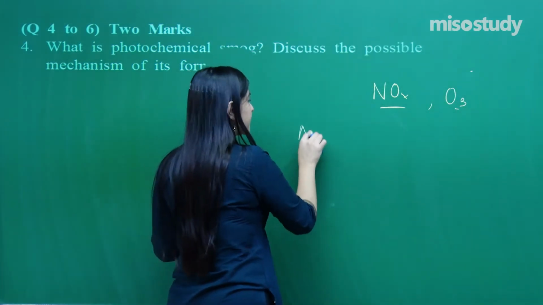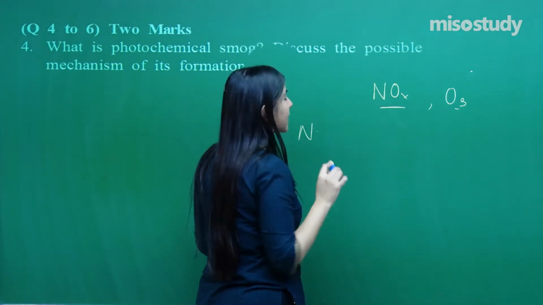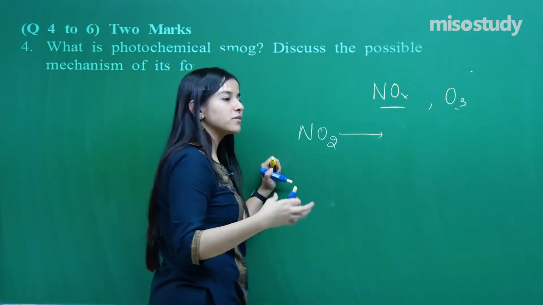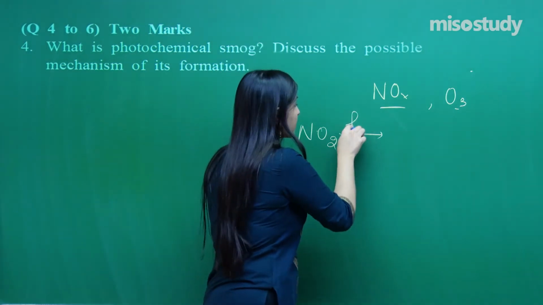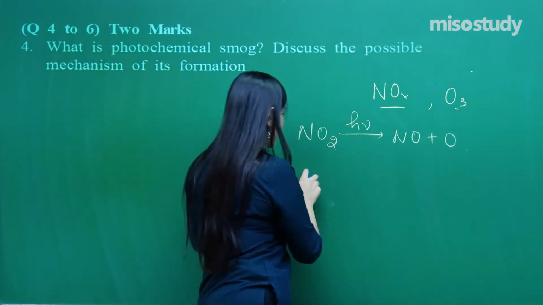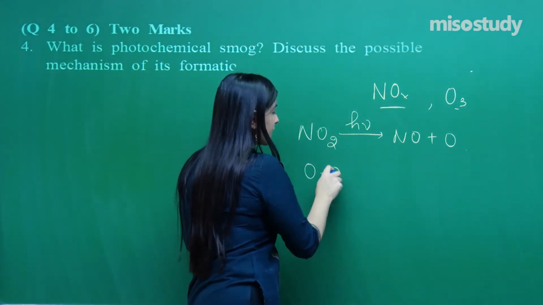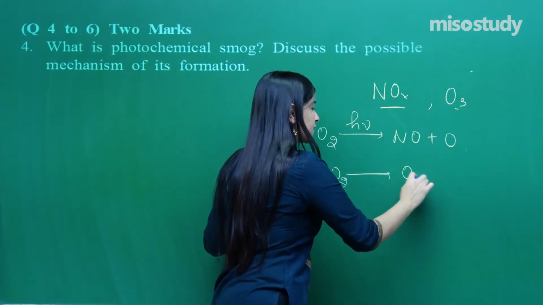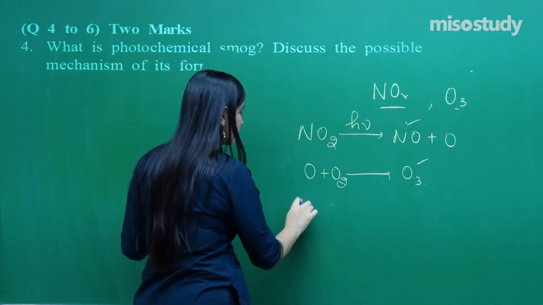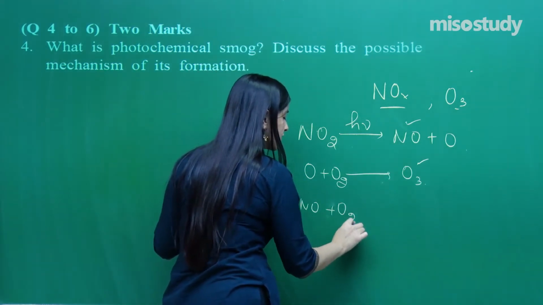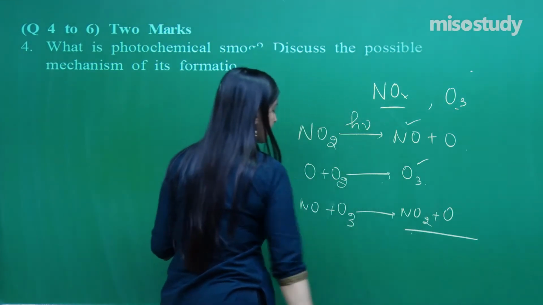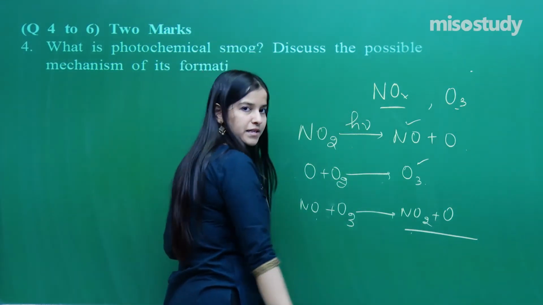For the mechanism, NO2 is in the environment, coming from automobile exhausts. In the presence of sunlight, it gets converted into NO plus O. This O reacts with oxygen and is converted into ozone, which is also harmful. These two things then combine with each other, leading to the formation of NO2 plus O2 once again.